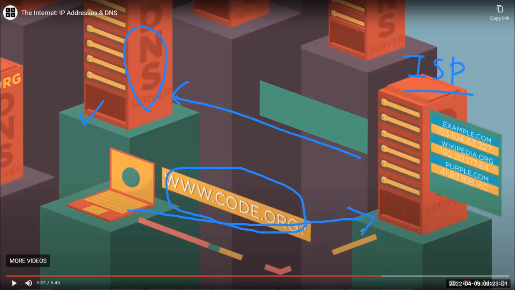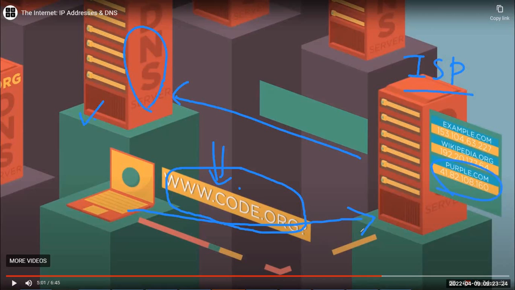So it's a distributed system, and to maintain it we have different protocols. Later we'll show you, but basically you send out the name and it is translated to an IP address.